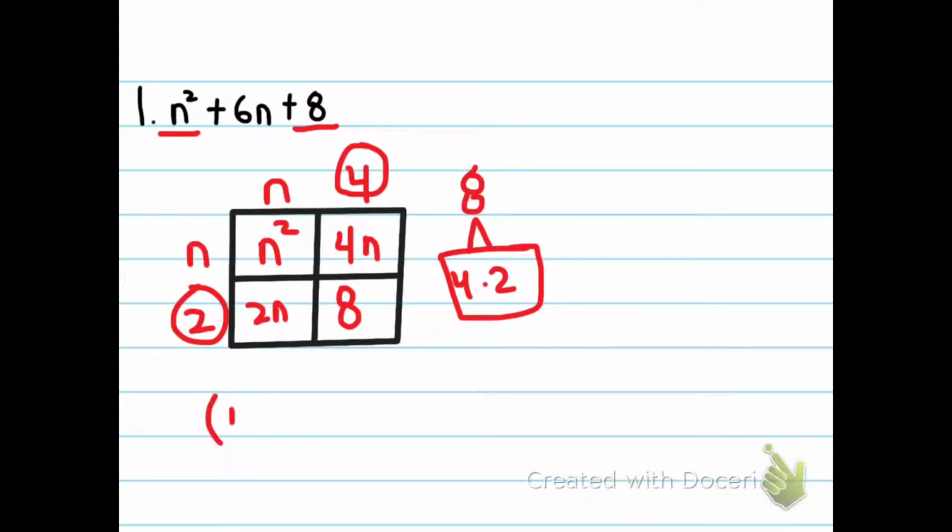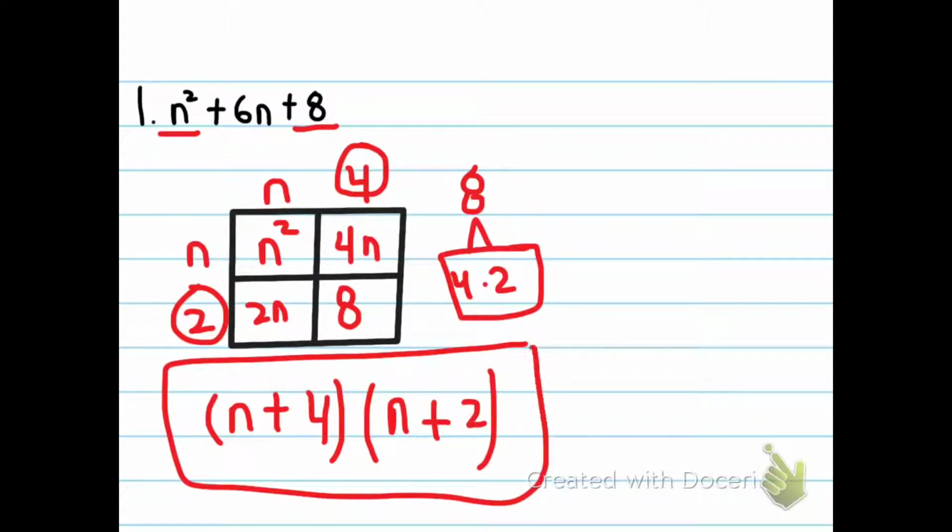So n plus 4 and then n plus 2 is your answer. And remember, you could use the FOIL method to check if you got the right answer or not.